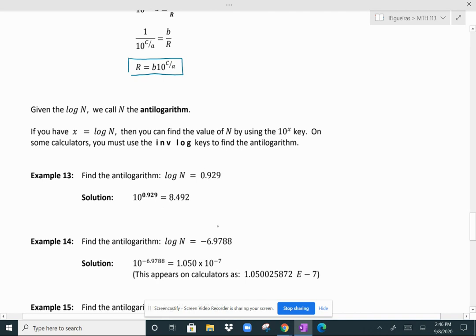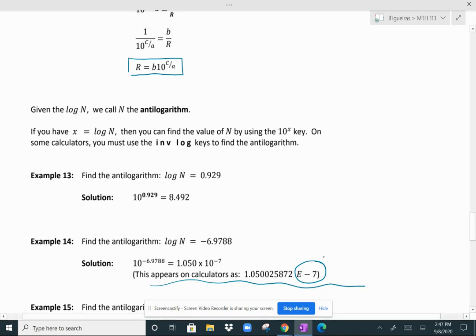Again, here we want to find the anti-logarithm. In other words, find n when the log of n, and again, that's a common log, equals negative 6.9788. Okay, so this time my result is a very small number. So this is 10 to the negative 6.9788. Some of your calculators might display it like this, where they give you a bunch of decimal places and then e negative 7, that means that your decimal would be moved 7 places to the left.